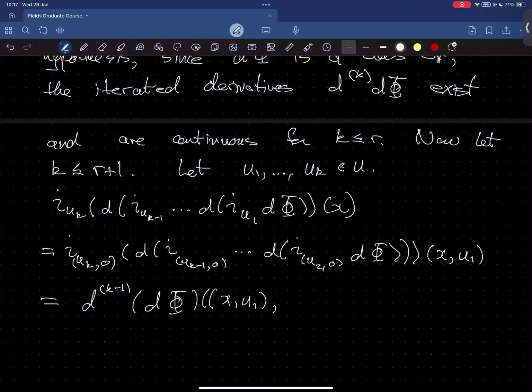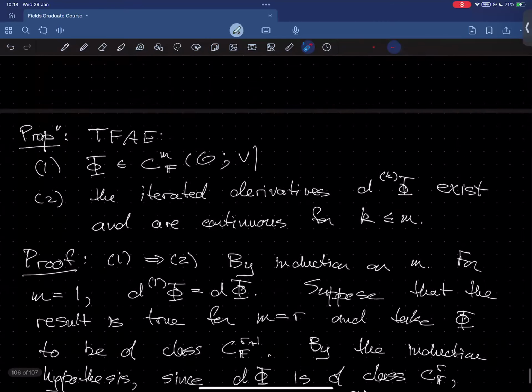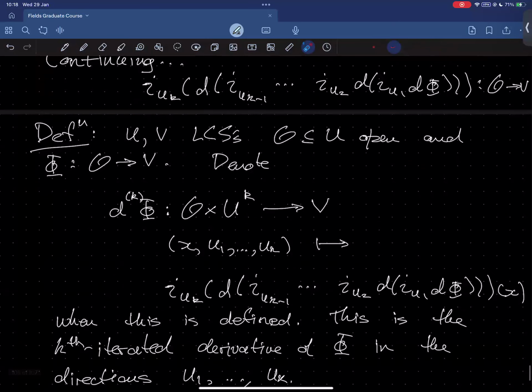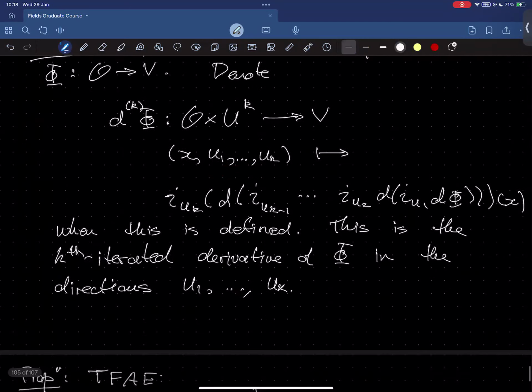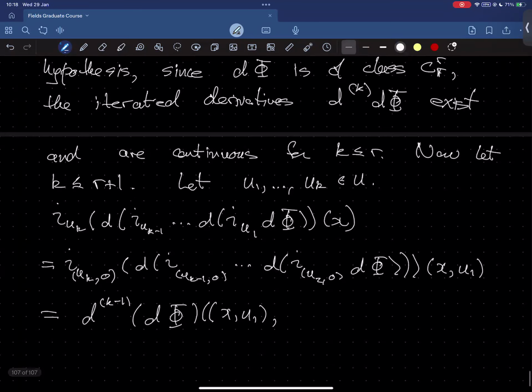Then I need to stick in, just like in the definition here, the directions in which I'm differentiating: (u2, 0) up to (uk, 0).